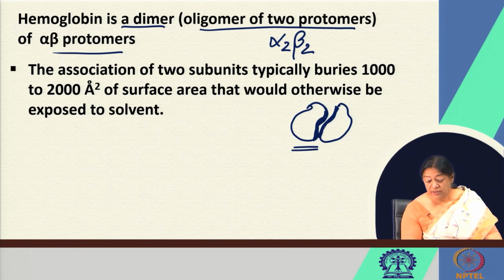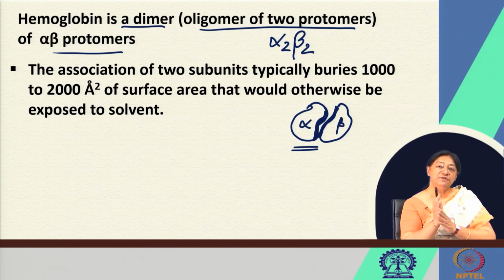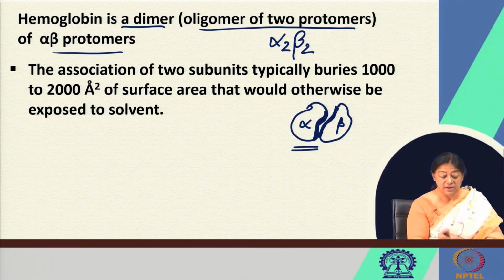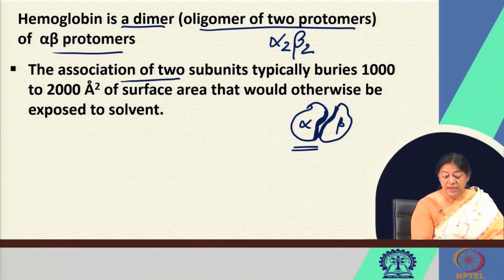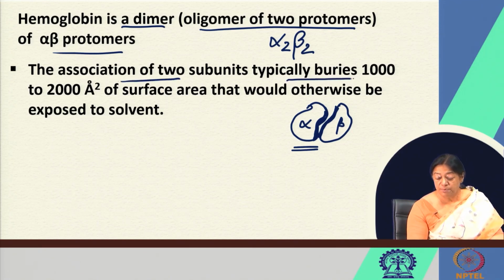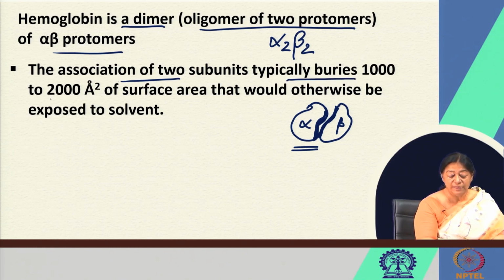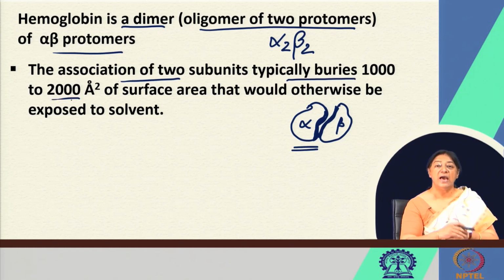So, would the darkened part on the other chain. Say we are looking at an alpha and a beta. The alpha chain part would have been exposed, the beta chain part would have also been exposed, but when they come together, the association can typically bury around 1000 to 2000 angstroms of surface area that would have been otherwise exposed to solvent.